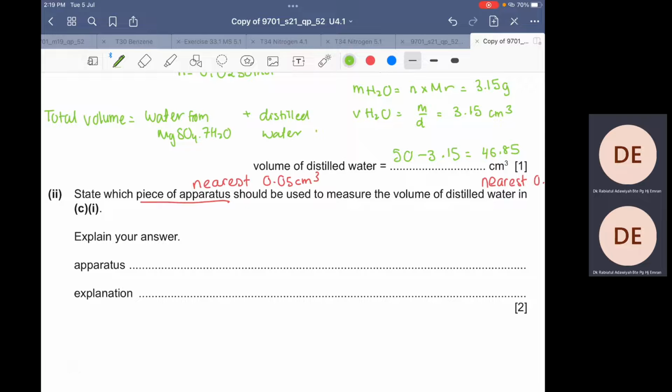So the apparatus will be burette. The explanation is, well, burette can measure up to 0.05 centimeter cube accurately.